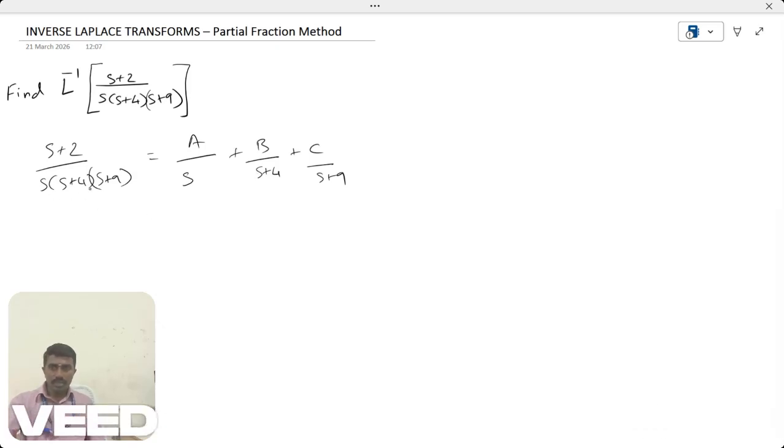If the denominator factors are not linear, suppose any one is quadratic like as square plus bs plus c, then for that factor alone, it is of the form (as plus b) divided by (as square plus bs plus c), and for the linear factor you write as usual, like c by (ds plus e).